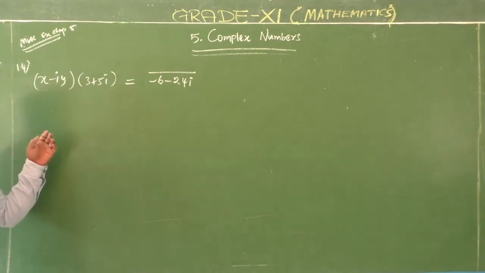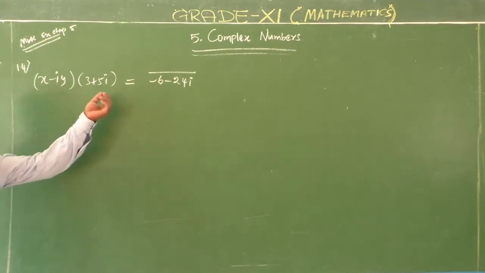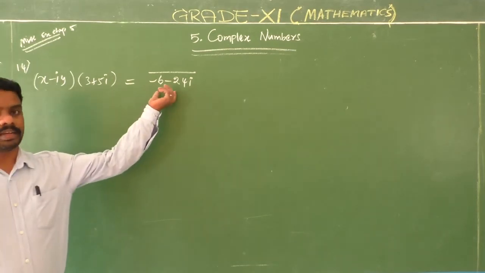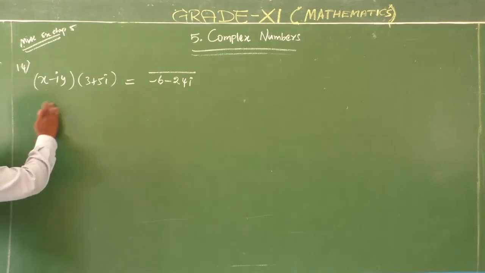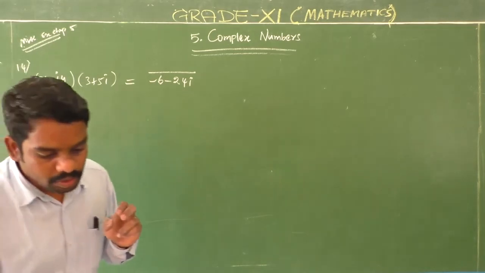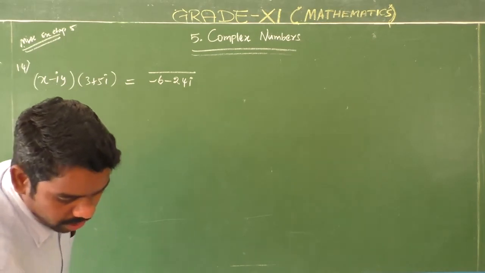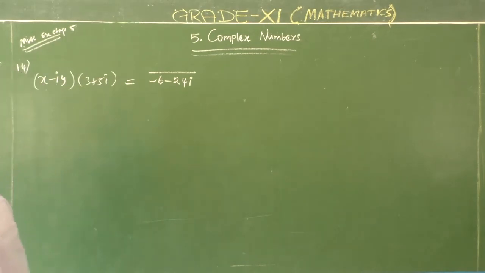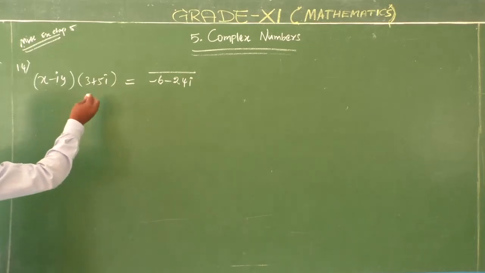Listen. This complex number is equal to the conjugate of this complex number. Multiply these two complex numbers: x minus iy into 3 plus 5i.